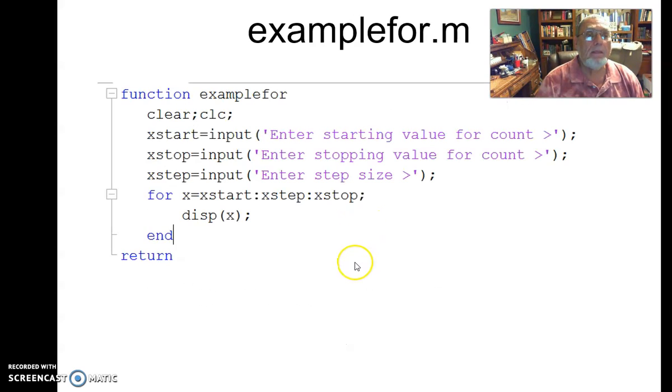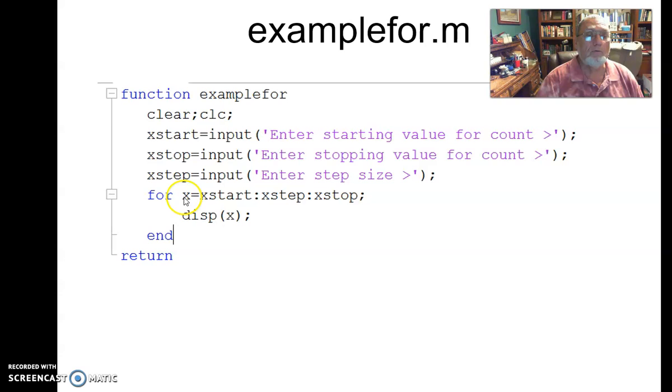So here's a real simple one that I have uploaded that you can download and run. It's going to ask you for a starting point, a stopping point, and a step size, and then it'll display each number. So if I were to go 1 to 5 in steps of 1, it would start at 1, step by 1, and stop at 5.